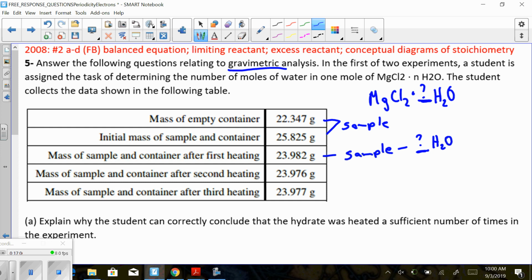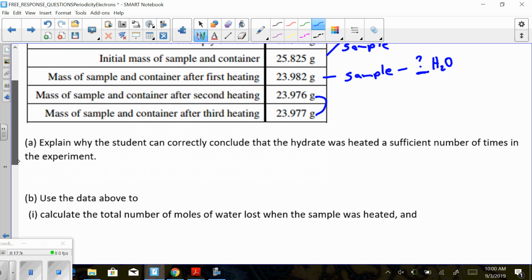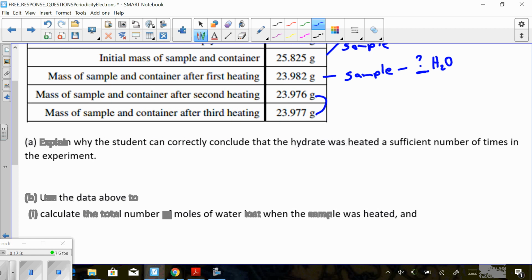Now, when they heated it a second and third time, the mass became less, and then between here and here, aren't those exactly the same? Not exactly, because out 3 decimal places we have one number that's different, but the mass didn't change there. Part A asks us to explain what we just noticed.